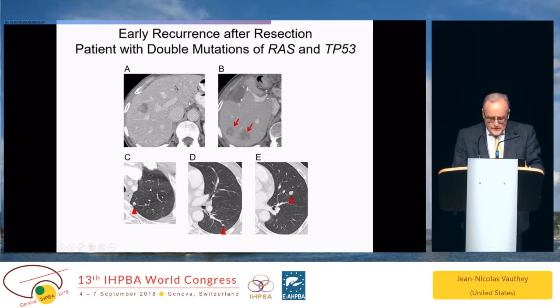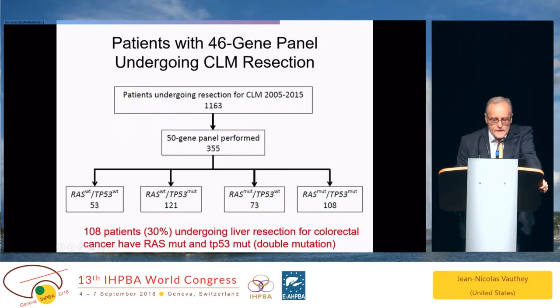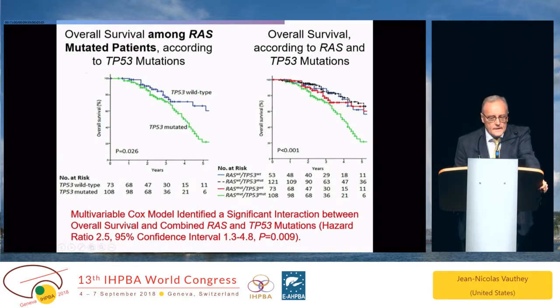I had the privilege to have this panel in front of me in my clinic, and I saw some patients with RAS mutations who were recurring extremely quickly after liver resection. So with the assistance of Dr. Passot from Lyon, we looked at patients who had RAS mutation and TP53 mutation. So you have 4 groups here, very simple: double mutation, a mix here, and you have the wild type here.